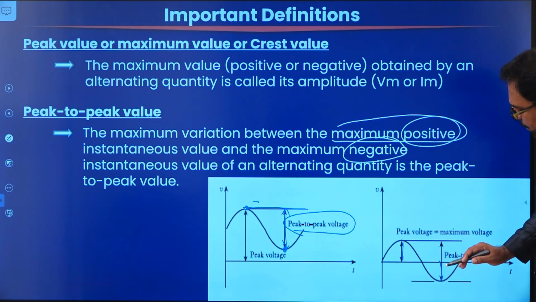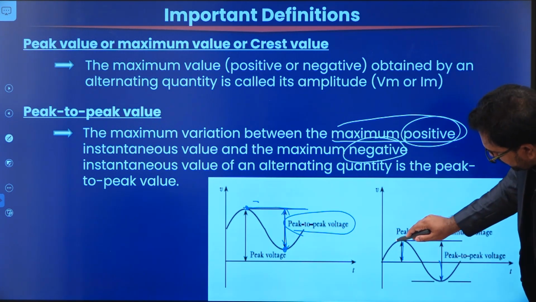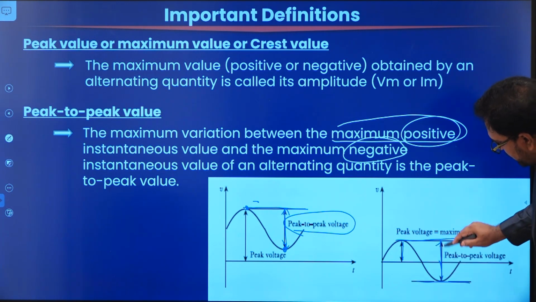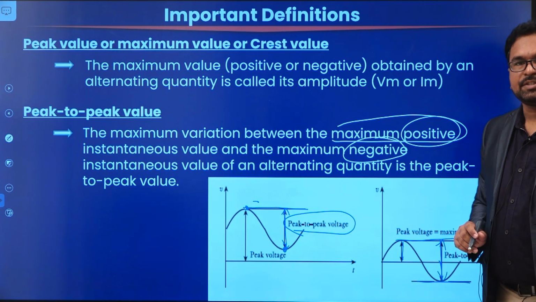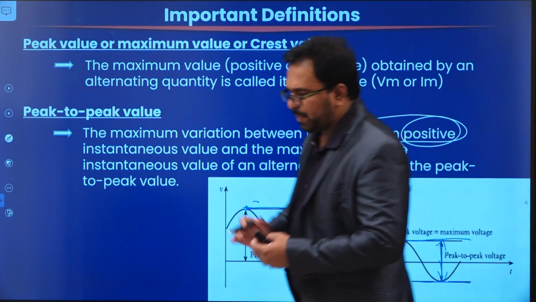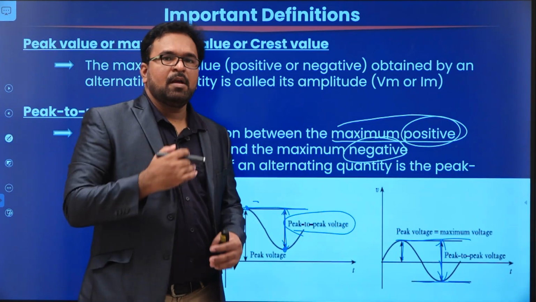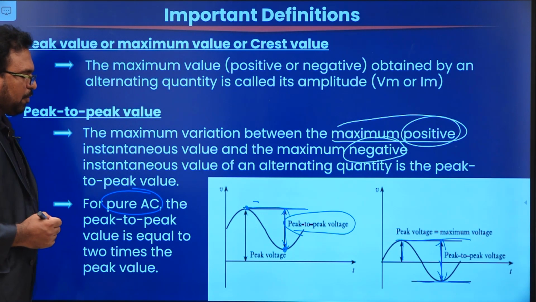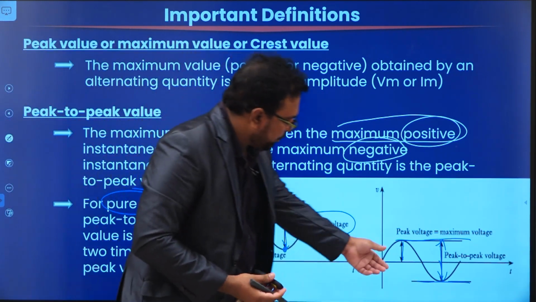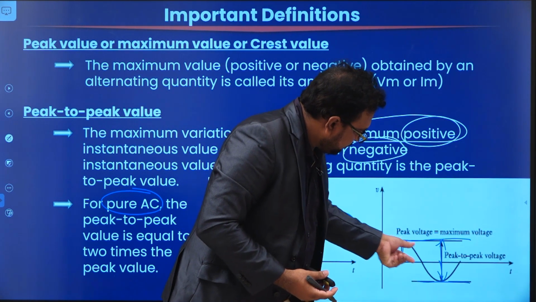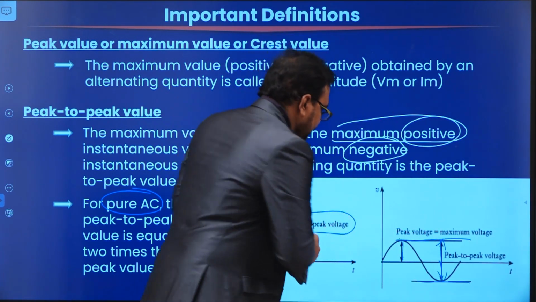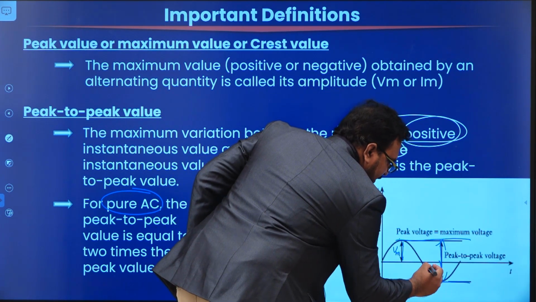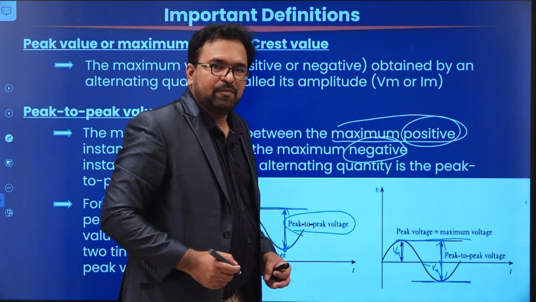In this case, how do we measure the peak to peak value? From positive maximum to negative maximum. This distance is called peak to peak voltage, from one peak to another peak, positive peak to negative peak. Suppose you want to calculate the peak to peak value for pure AC, where the positive maximum and the negative maximum are both the same. For example, assume the positive maximum is Vm and the negative maximum is minus Vm.